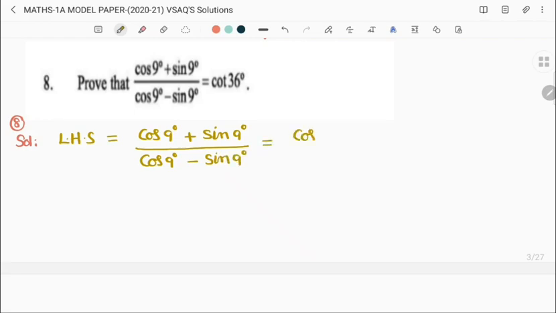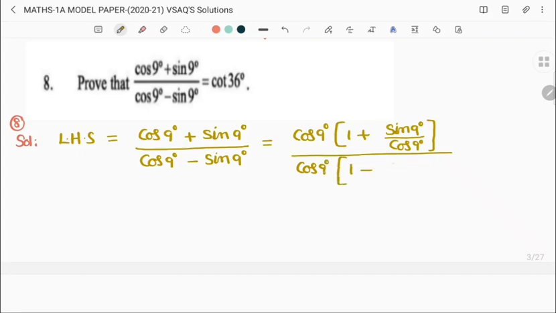Take cos 9 degrees common: cos 9 degrees times (1 plus sin 9 degrees divided by cos 9 degrees), whole divided by cos 9 degrees times (1 minus sin 9 degrees divided by cos 9 degrees).